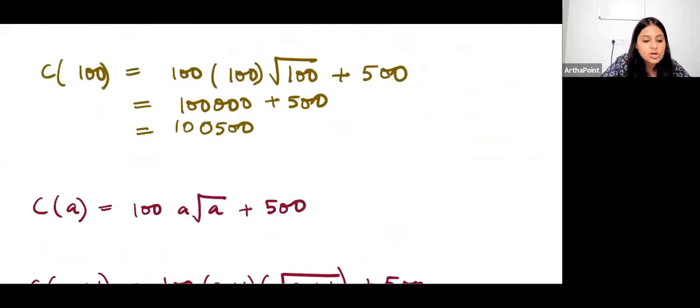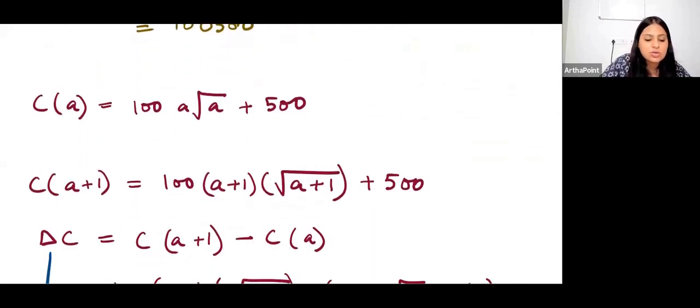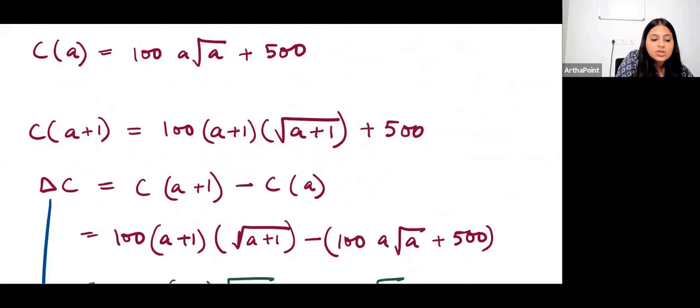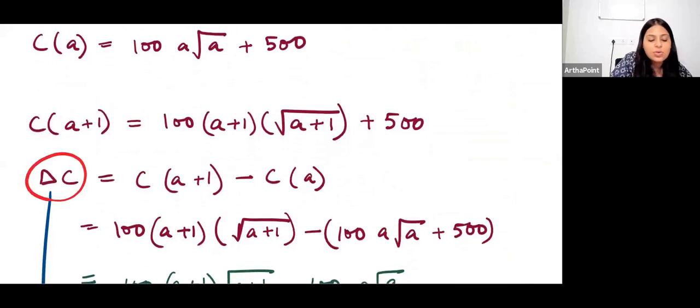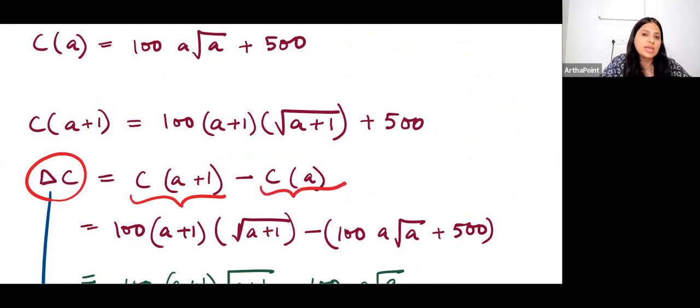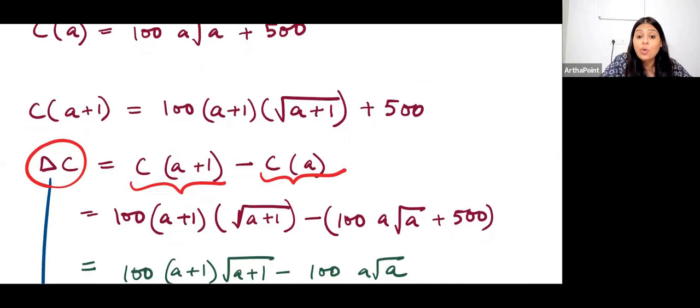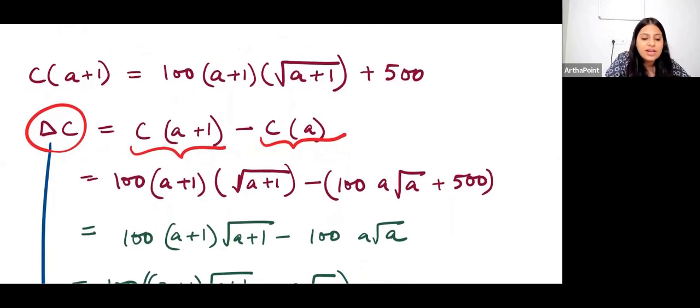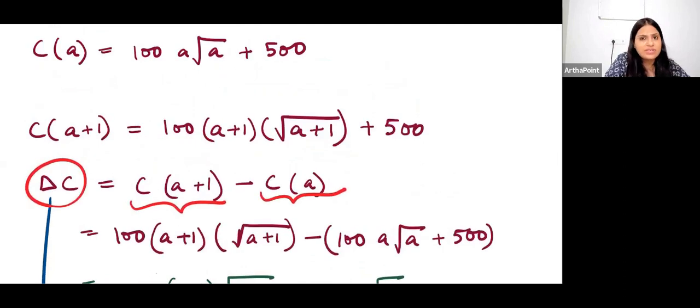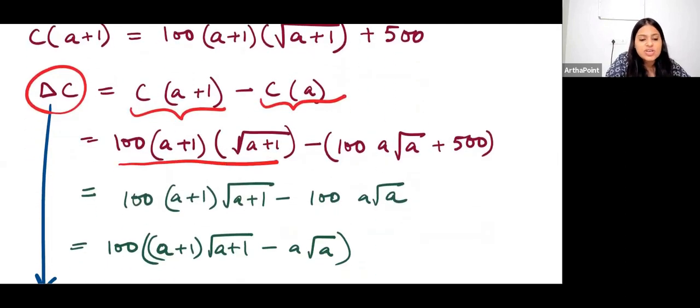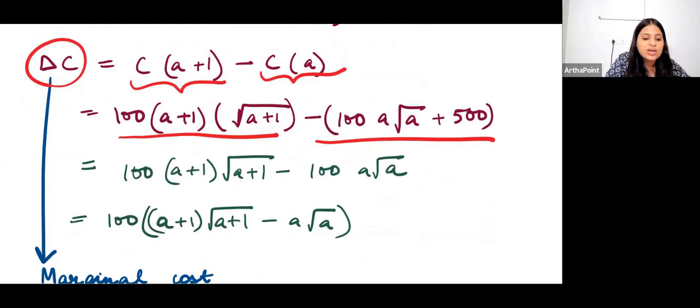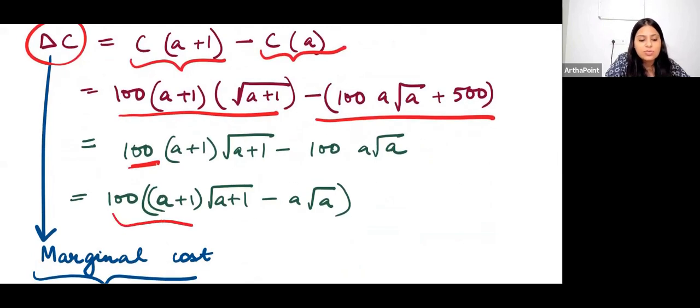I'll share this also with you in the assignment. So it will be just this minus this. You can take 100 common and this will be your answer.